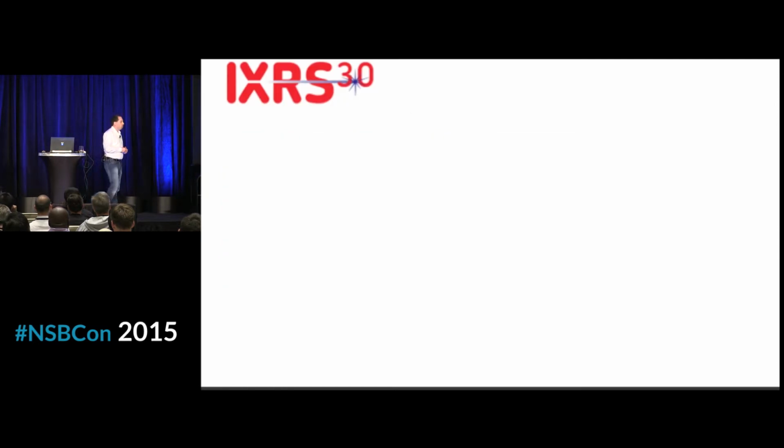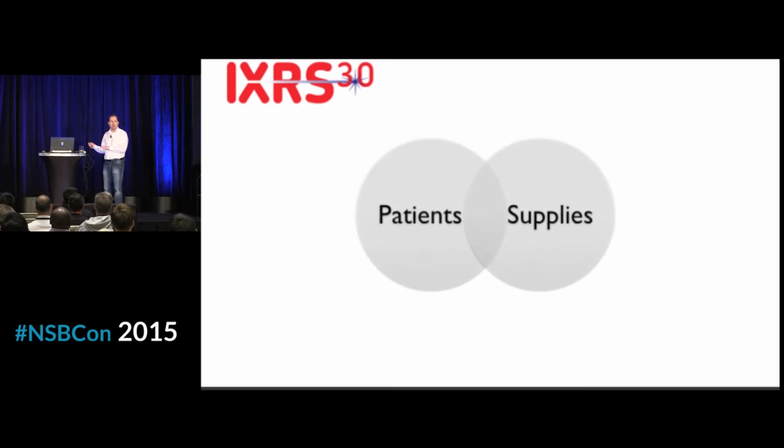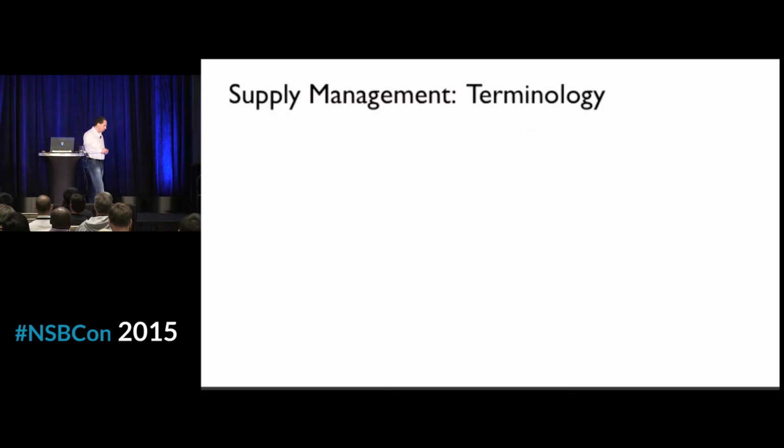IXRS 3.0 is Almac's next generation clinical trial management platform that we built. And its capabilities are divided into two main areas, patient management and supply management. I'm going to focus more on the supply management side of things, more specifically its forecasting capability. So getting into a little bit more terminology on that side.